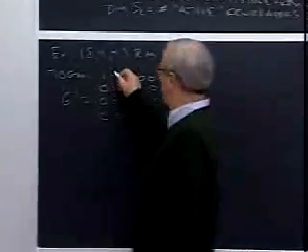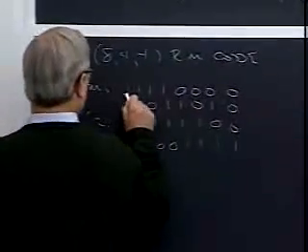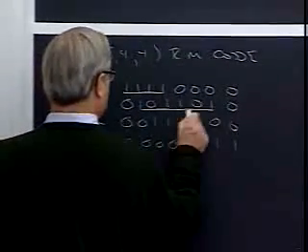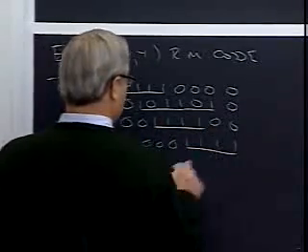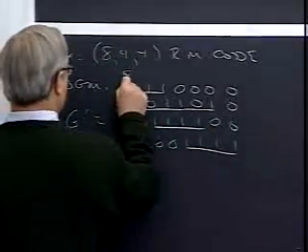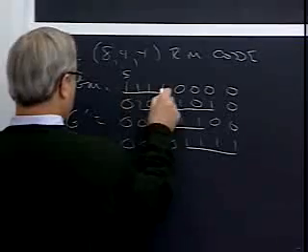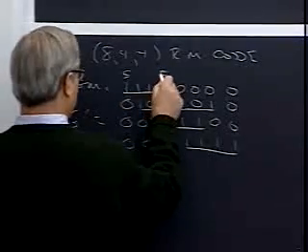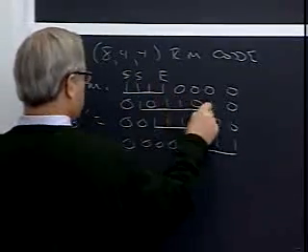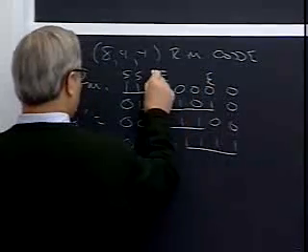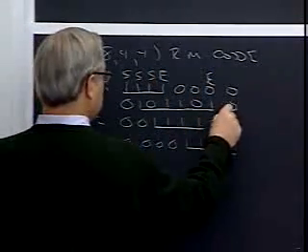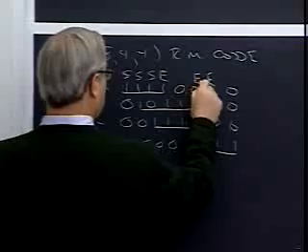For example, here's a trellis-oriented generator matrix. The spans of the generators are like this. There's the starting time of this one and its ending time. Here's the starting time of the next one and its ending time. The starting time of the next one and its ending time is here.